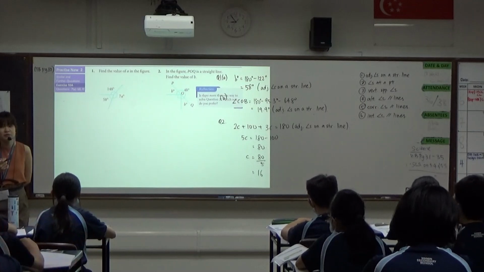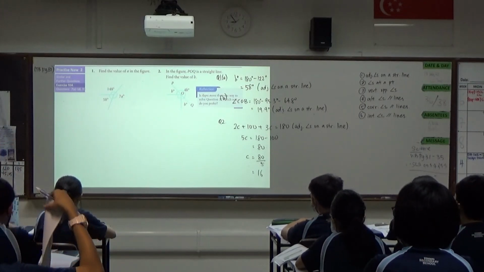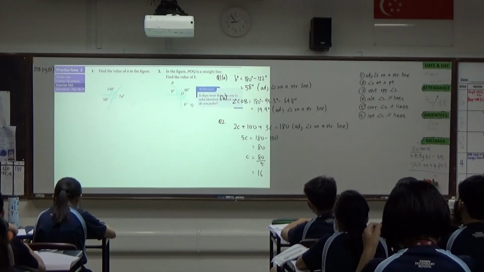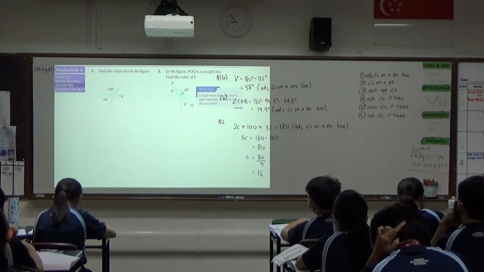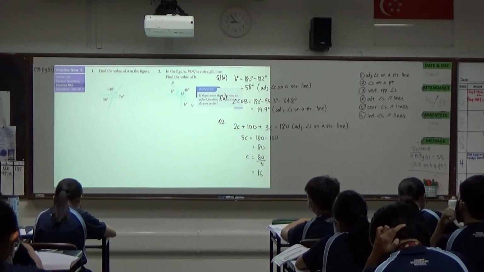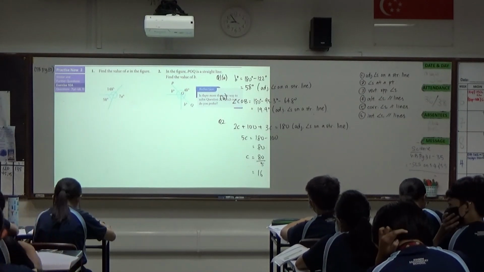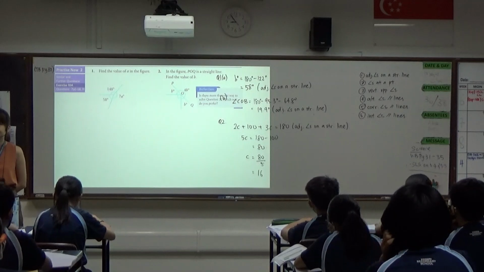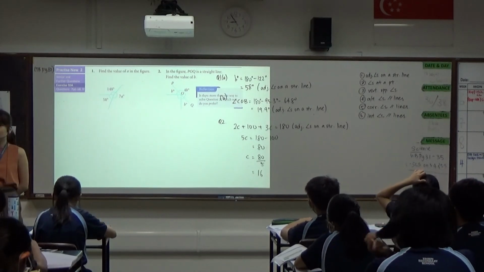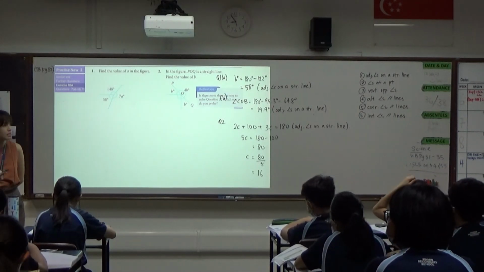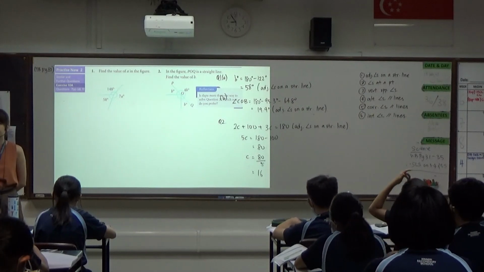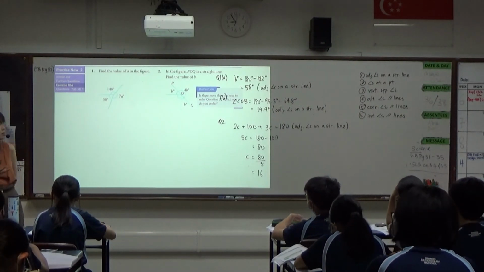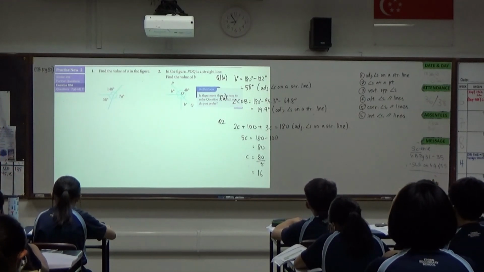The rest of you are to think, how will we actually present our answer and what property are we using? Which property? Adjacent angles on a straight line, angles at a point, number 2, or the third one, vertically opposite angles. It cannot be the 4, 5, 6 because there are no parallel lines.